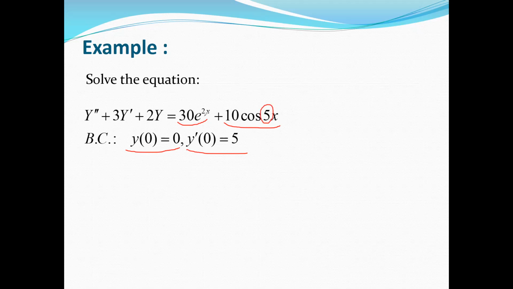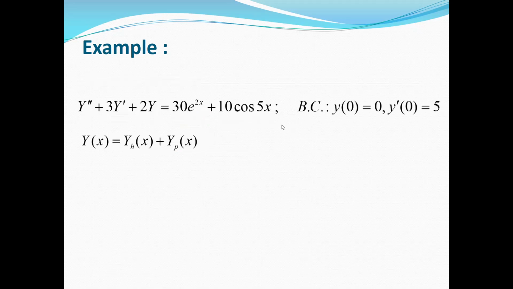For the exponential part, in the power of the exponential term we have 2 times x. So first, let's find the homogeneous response for this equation. As I told you, we will have a homogeneous part and a particular response.